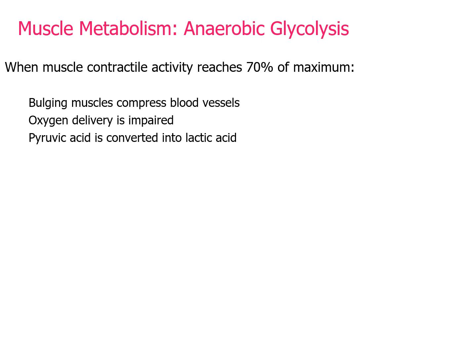One thing I do want to point out is that anaerobic glycolysis or anaerobic respiration will start kicking in when the muscle contractile activity reaches about 70% of maximum. At that point, the compression, bulging muscle, constant relaxation, contraction of muscles starts to compress blood vessels too much, and you don't get enough flow.